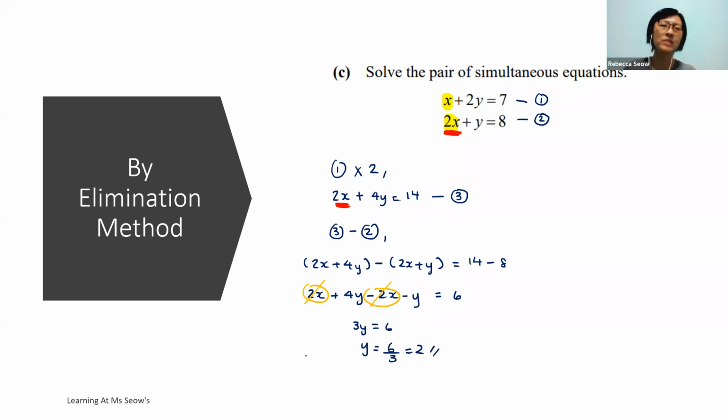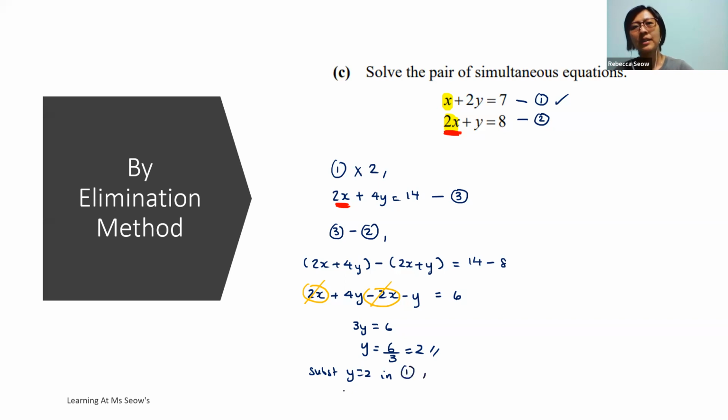So this is one of the solutions. Now to find the value for x, we sub the value of y equals 2 into one of the three equations. We can choose from equation 1, 2, or 3. Looks like I will choose equation 1, since if I replace y with the value of 2, I would get the value of x straight away.